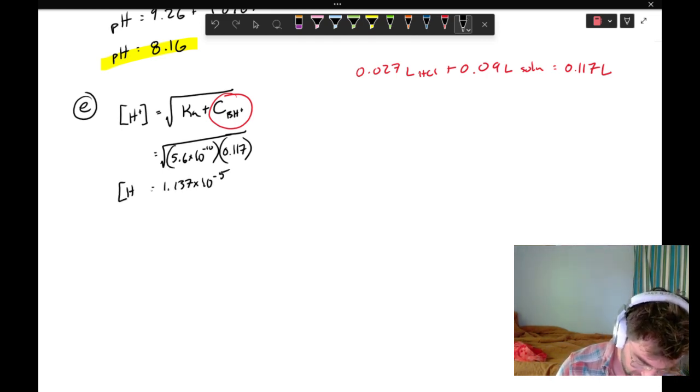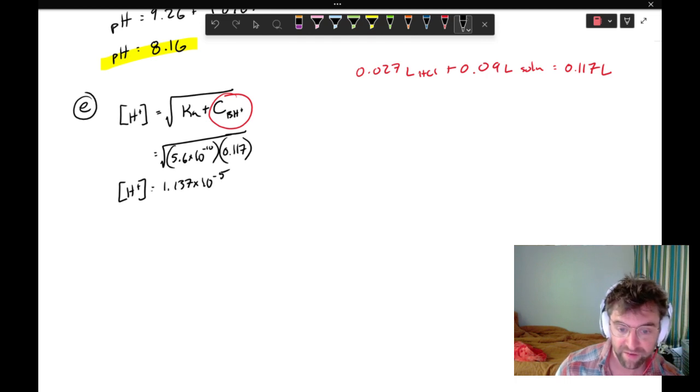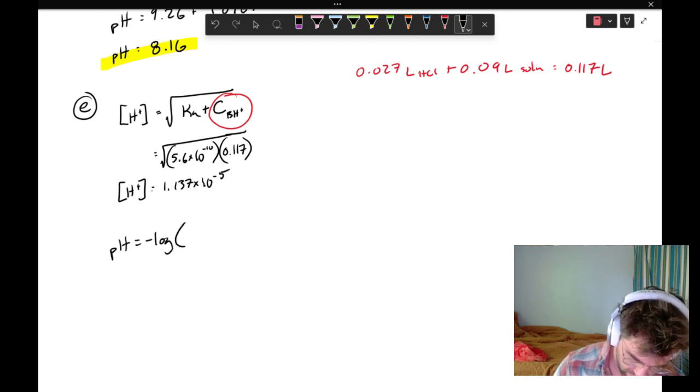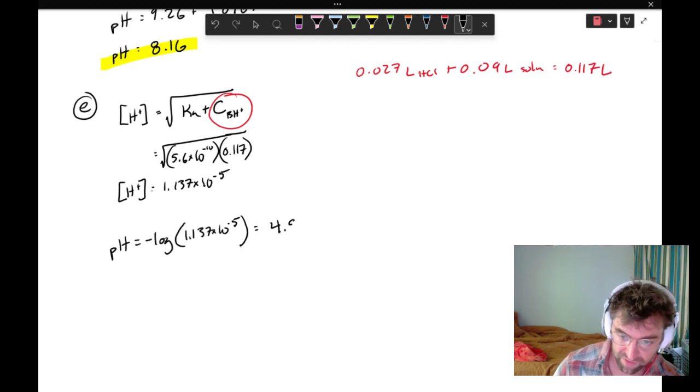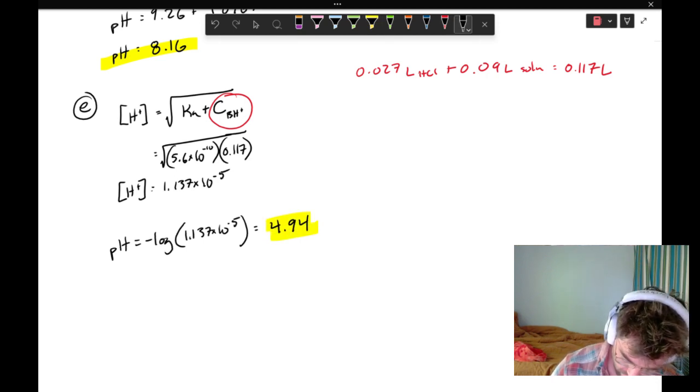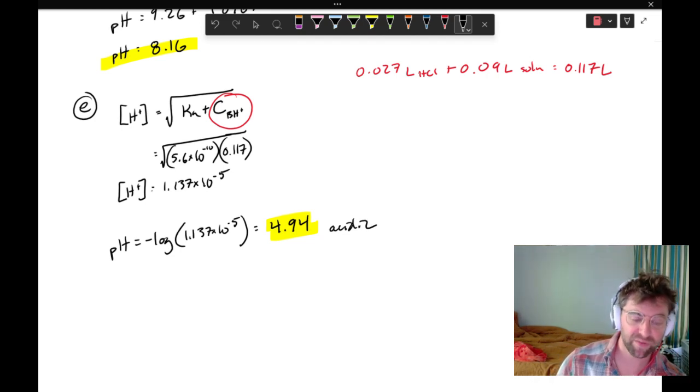That's our concentration of protons. pH equals the negative log of that number. Gives us 4.94, which is acidic, which makes sense because we have added enough strong acid to consume all of the weak base that we started with.